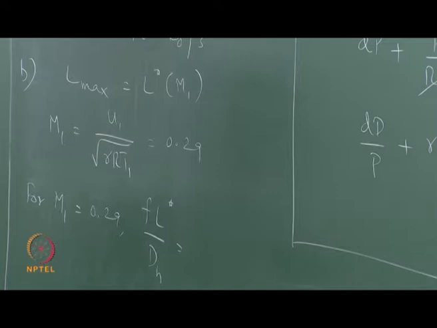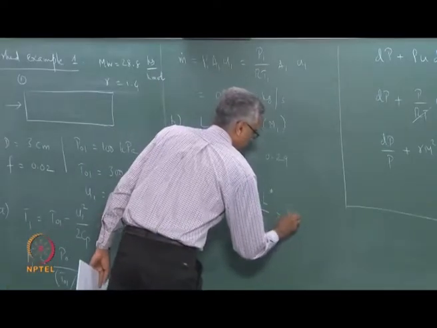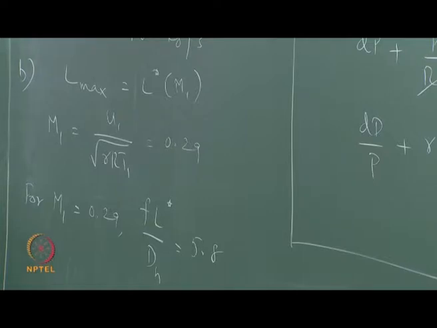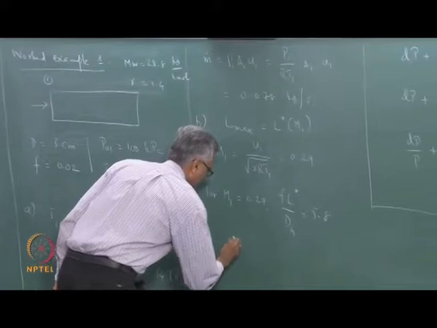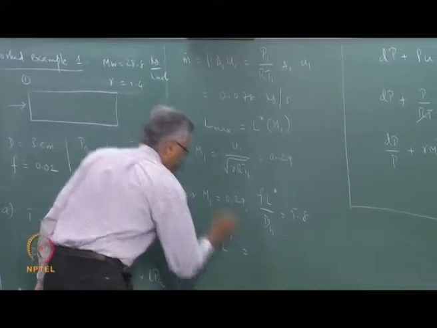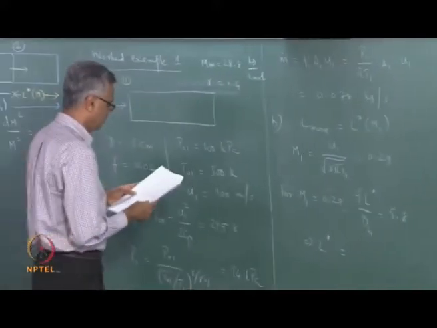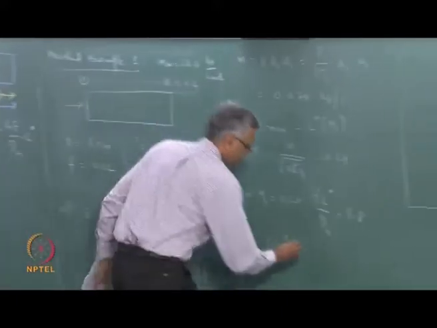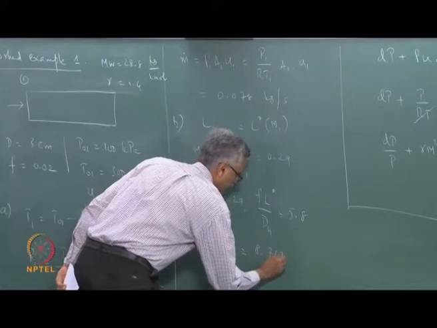Let us use 5.8 for this. So, from which I can calculate my L star corresponding to this Mach number to be about 8.742 meters.